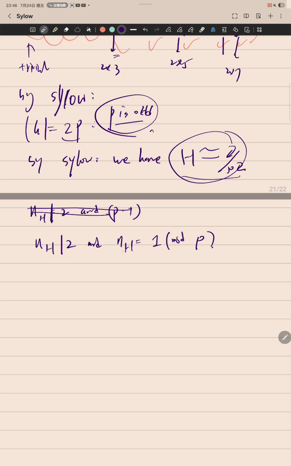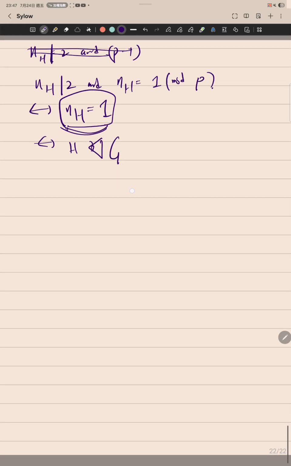There's no such number besides 1, so the only solution is n_H equals 1. So the number of Sylow subgroups must be 1, which means that H is normal in G.